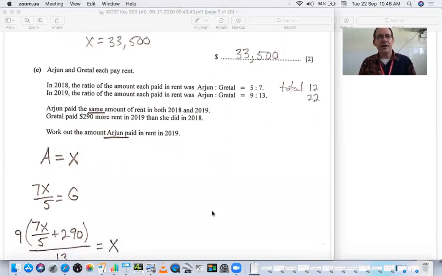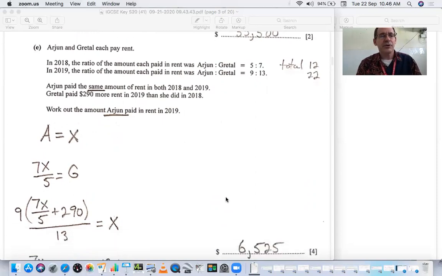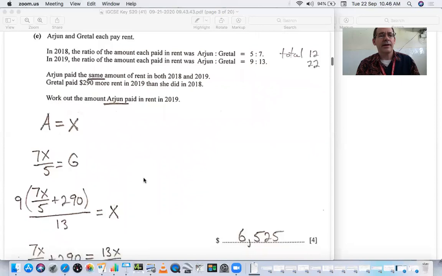Well, this is a little complicated because you're dealing with two ratios from two different years. One person stays the same, the other one changes. And so since we are working out Arjun's payment, let's make his amount X. Notice it's the same for either year.